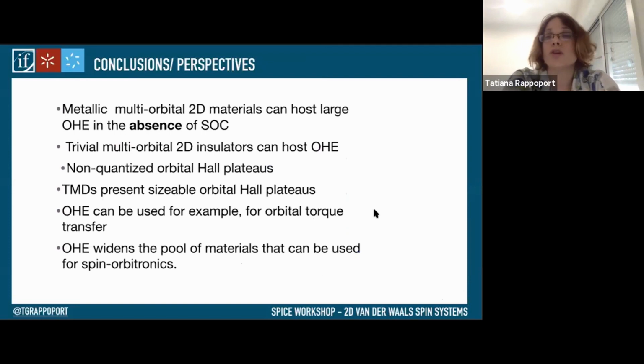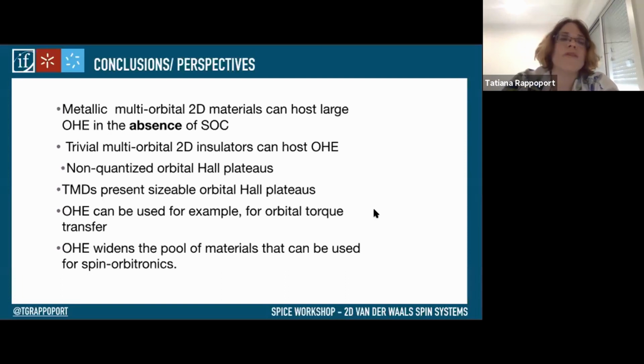So to conclude, we can see that these metallic multi-orbital 2D materials can host very large orbital Hall effect, even in the absence of spin orbit coupling, and even in the insulating phase, they can host orbital Hall effect. Still, these orbital Hall plateaus are not quantized, so they depend on the details of the Hamiltonian.